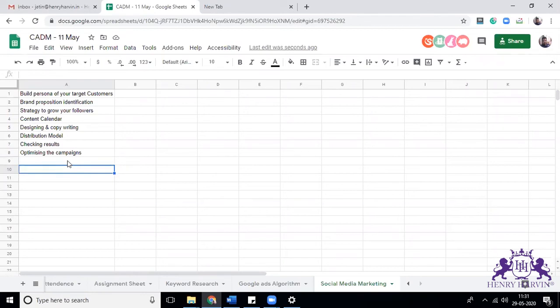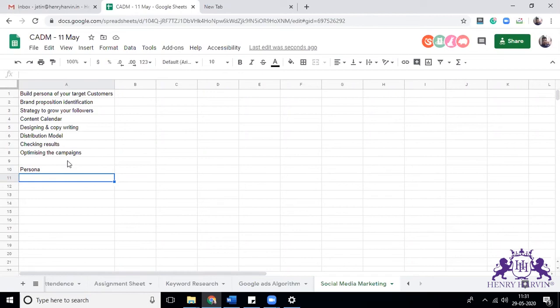Let's take one example which we have been taking, Aditya's example. Okay, so it becomes easier for you to understand because everyone knows who the target audience for Aditya's business is. It's primarily home loan takers. Okay, so how can we identify home loan takers?